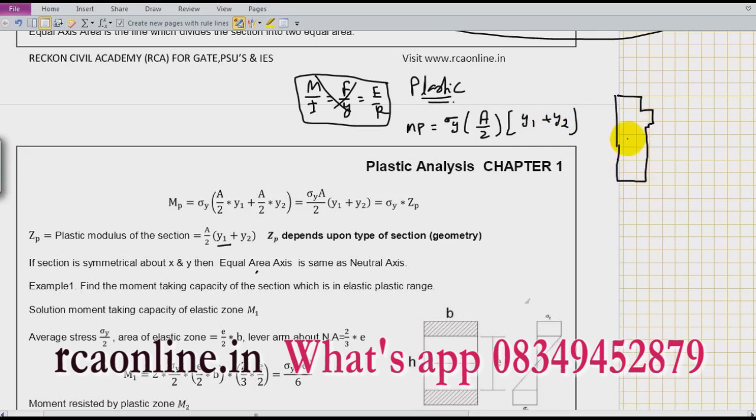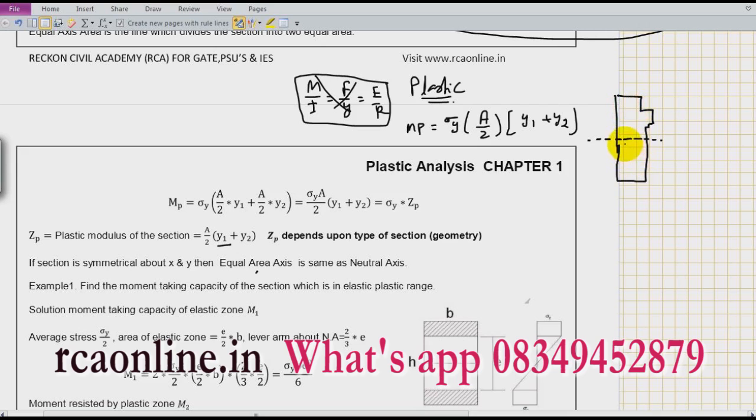Let us say I have this section, an imaginary section. Now the section is converting from elastic to plastic. What will happen? Its neutral axis will change. The neutral axis will shift in such a way that the upper area is equal to the lower area.